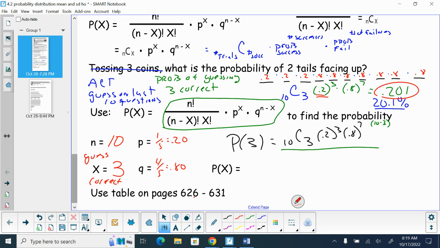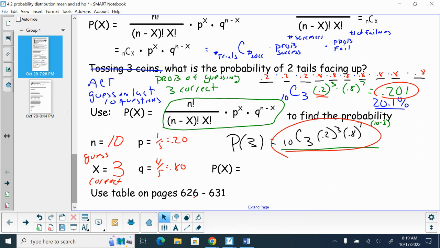Okay, so this probability table will give you your probabilities. Now, this only works if your p-values are multiples of 5. If your p-value is not a multiple of 5, you have to go to this equation right here.